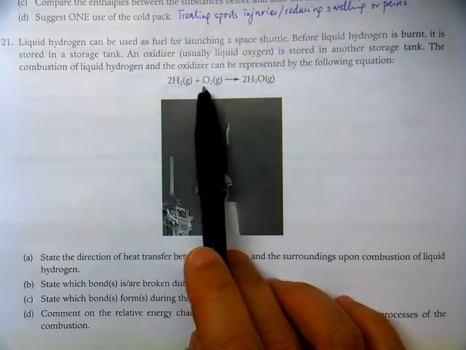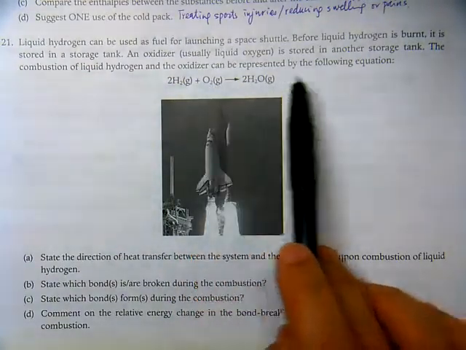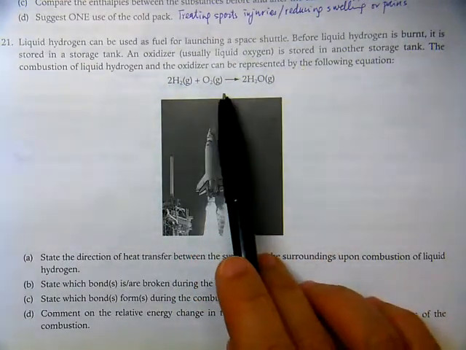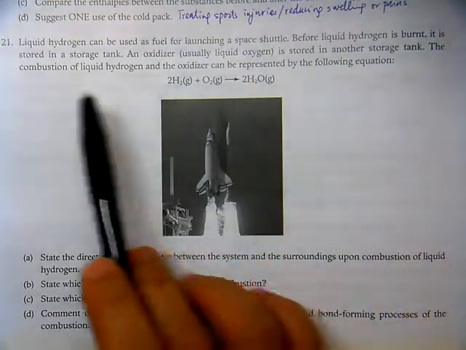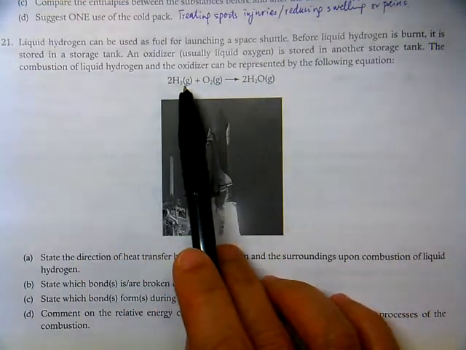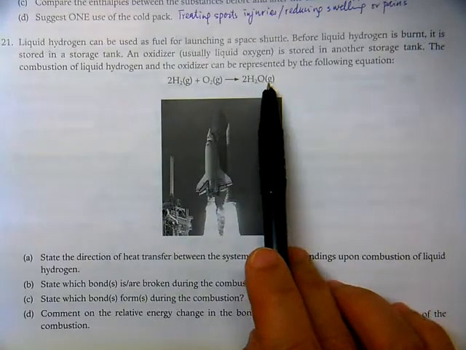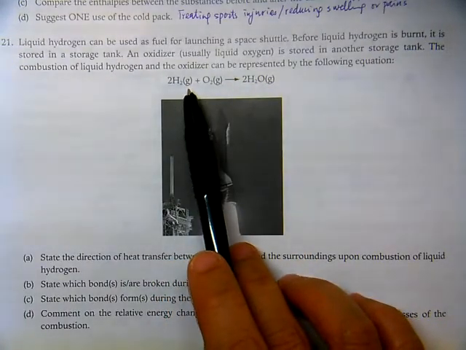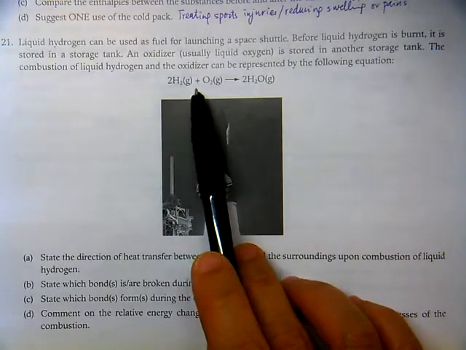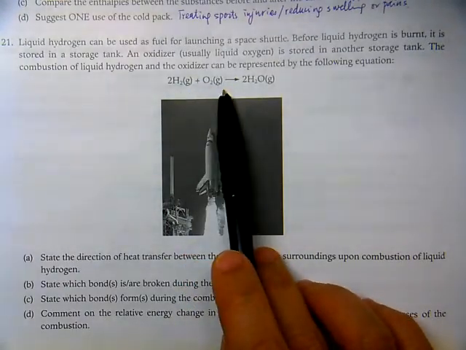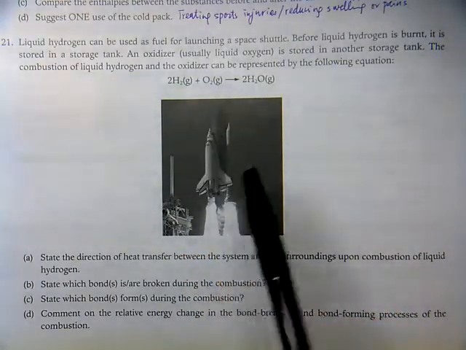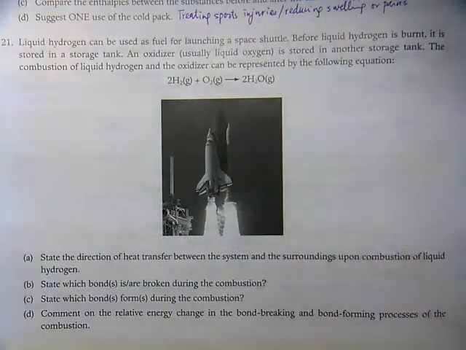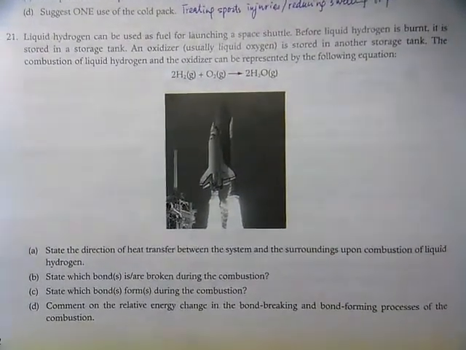An oxidizer, usually liquid oxygen, is stored in another storage tank. The combustion of liquid hydrogen and the oxidizer can be represented by the following equation. It is stored in liquid form, but in the reaction, both change to gaseous form. Launching of space shuttle into the space.